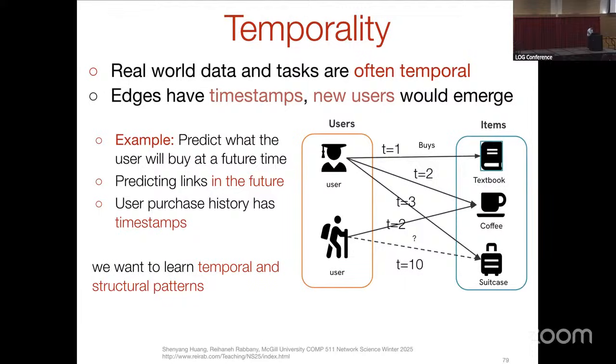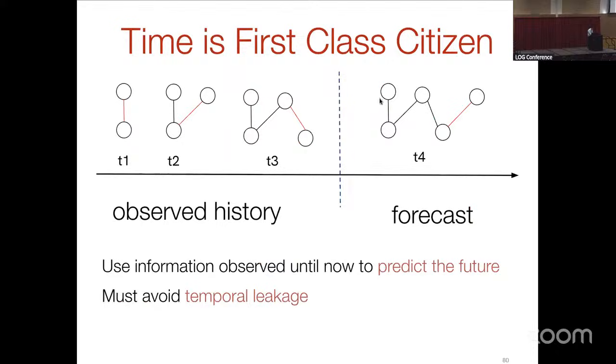So the goal of temporal learning here is to learn the temporal and structural patterns from your database, and then apply that to predict future tasks, right? And as Harald mentioned before, time is a first-class citizen. So basically, you want to use what you have observed until now.